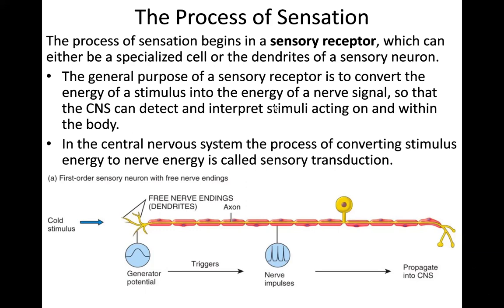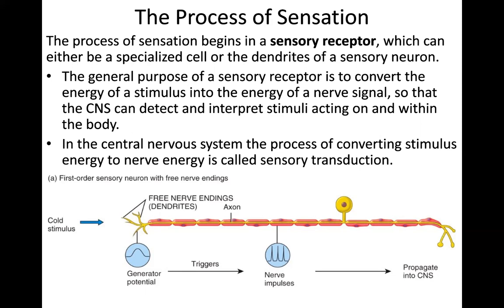So the general purpose of a sensory receptor is to convert the energy of a stimulus, like in this case cold, into the energy of a nerve signal. In other words, take a cold stimulus and create action potentials or nerve impulses, so that our central nervous system can detect and interpret the stimuli acting on and within the body, and if necessary, respond.